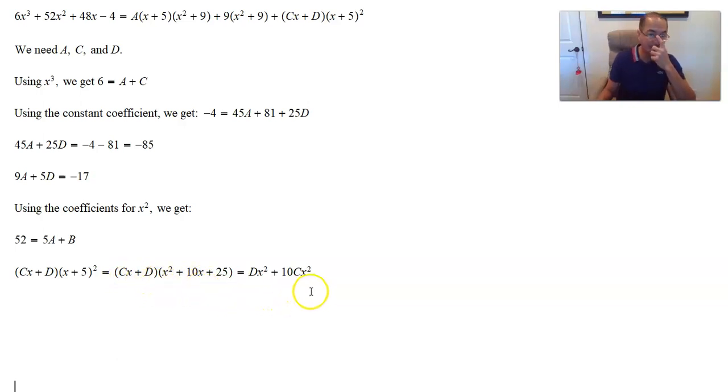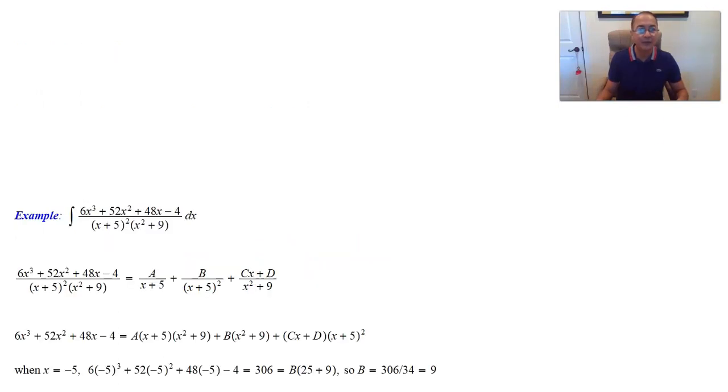Okay, so we have found it. So we are missing plus d plus 10c. Oh, wait a minute, we already have the b. So the b, yeah, we'll put that in a minute. So d plus 10c. It's like, why are there 4 of them? Yeah, because we found b, we said that b is 9.